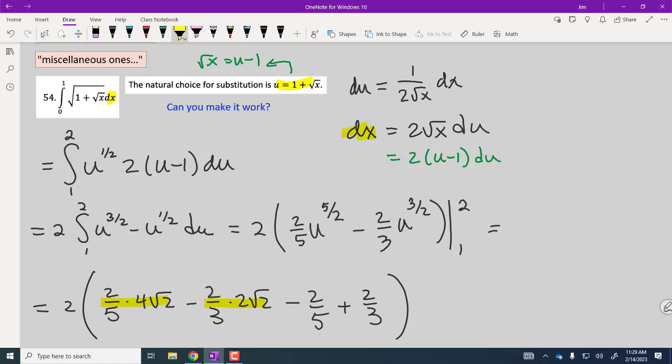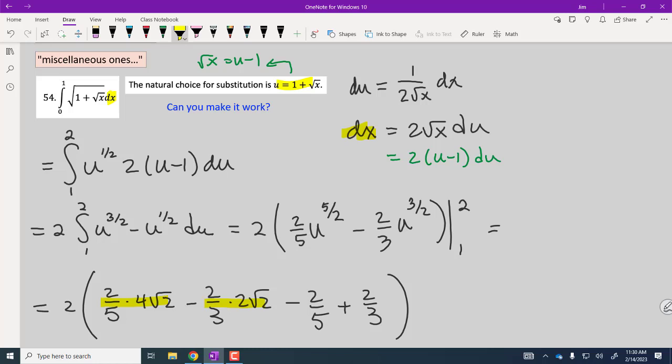We multiply both sides by 2 root x, and we have that the dx is equal to this. And you can't have both x and u in the same integrand. You have to have one or the other. So the trick is that we go back up to how u and x are related, and we see that we could solve for the square root of x, and we can rewrite the square root of x in terms of u.